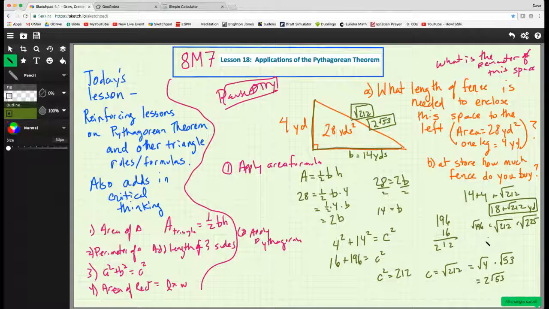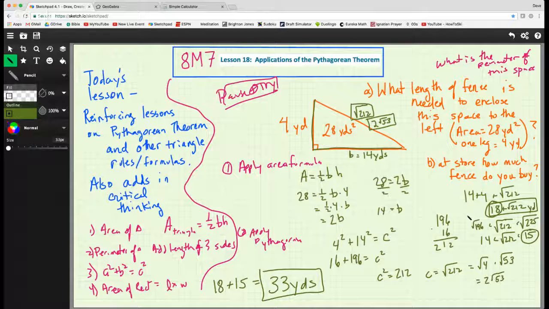So the square root of 212 is between 14 and 15. So we're going to use the number 15, and we're just going to go to the store and say we want 18 yards plus 15. So we want 33 yards to enclose our area.